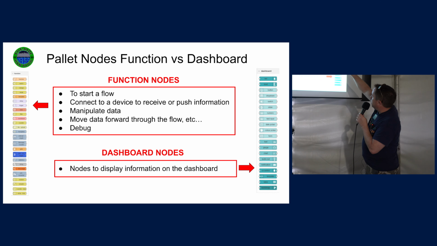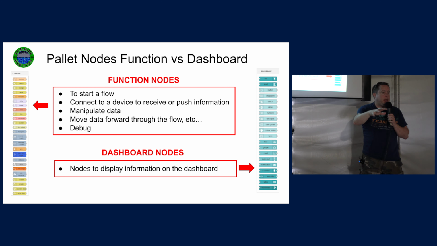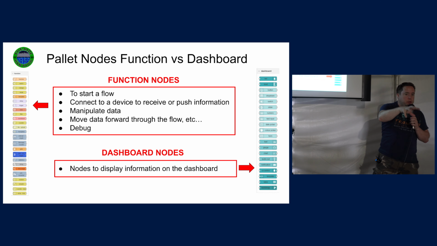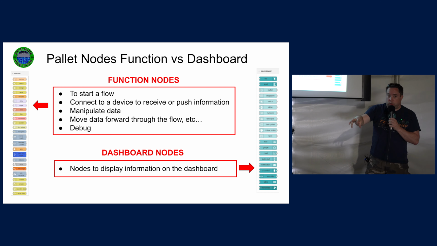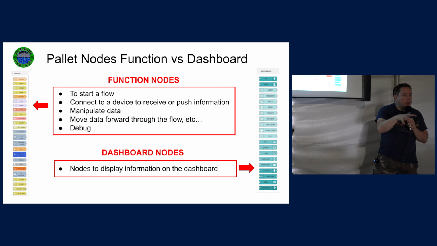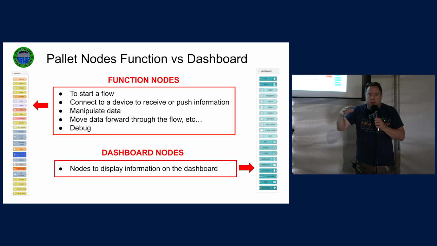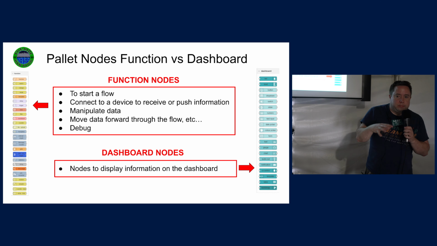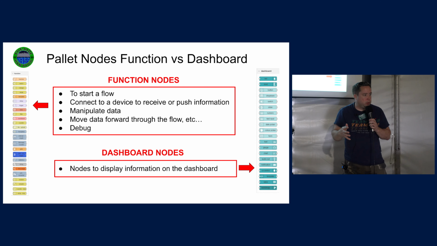These dashboard nodes are what display those values on your dashboard, okay? We get a lot of questions in the groups.io on, hey, I installed this flow, but I don't know where the dashboard things are. They don't know what to call them, so the dashboard stuff is not visible.